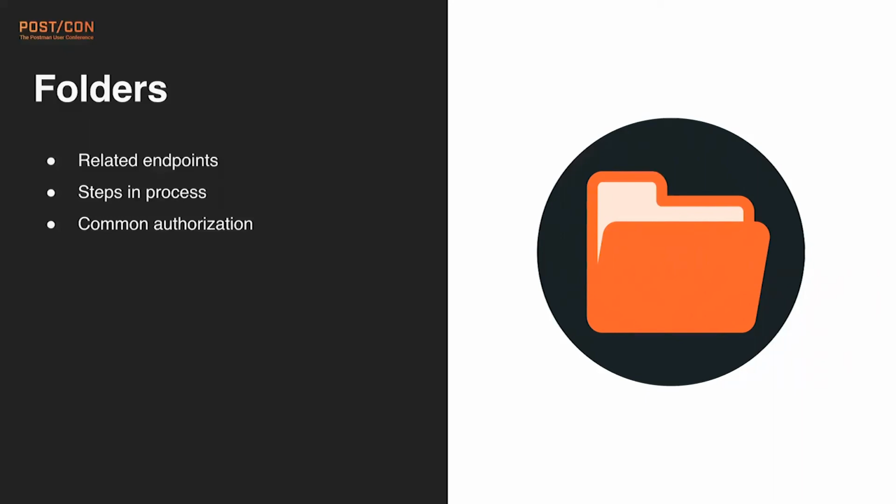In terms of other things, you might sort certain parts of functionality, things like steps in a process, into individual folders. You might say account creation, information, purchasing. Those things might also go into their own folders. And in addition, you might also allow authorization on a folder level as well. And we're going to talk in just a second about all the different things that you can do on the collection and folder level.